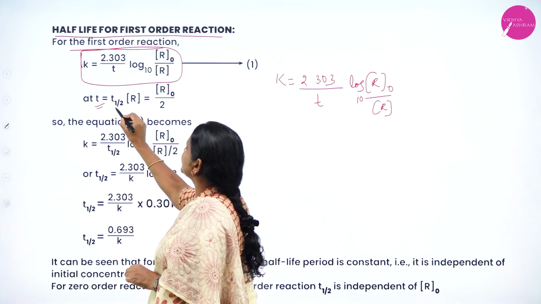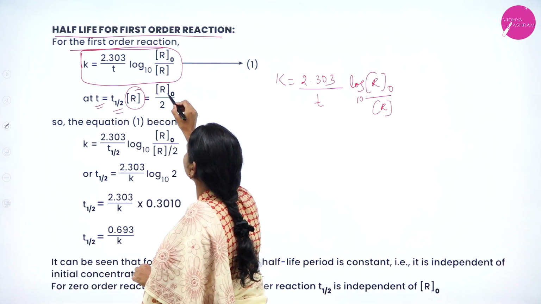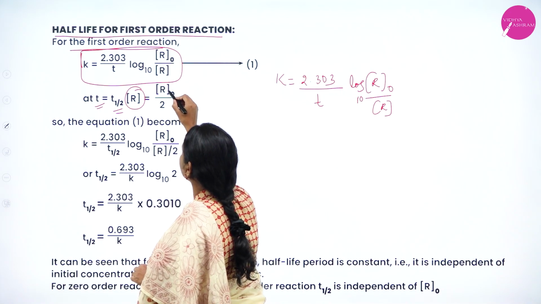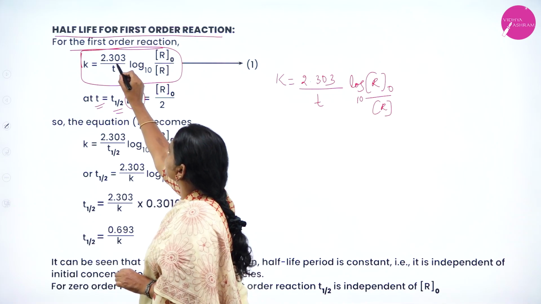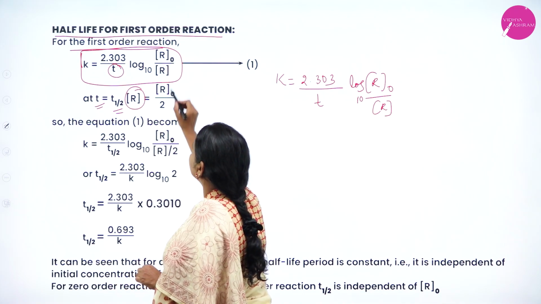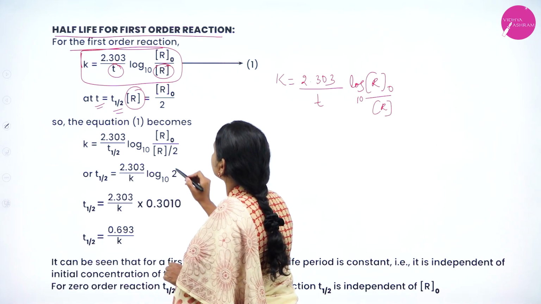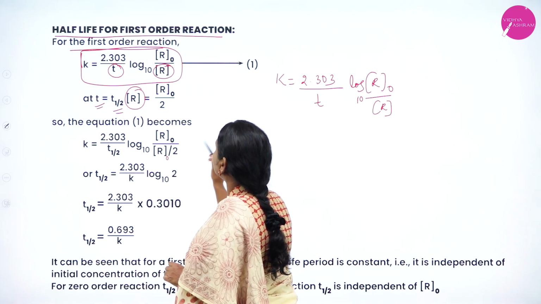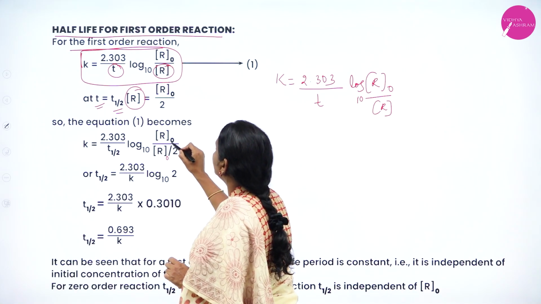When T is T half, the molar concentration R is half of its initial value, which means R0 by 2. So the equation becomes: in place of T, you put T half; in place of the molar concentration R, you put R0 by 2; in place of R0, you put R0.